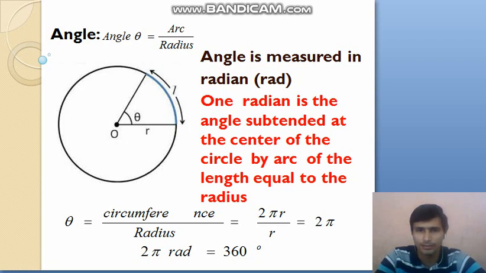By the definition of the angle, angle is equal to arc divided by radius.